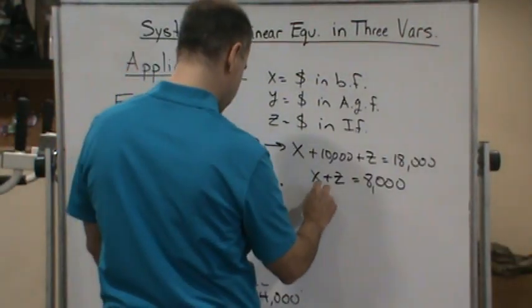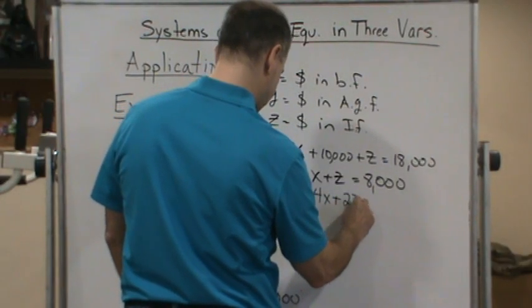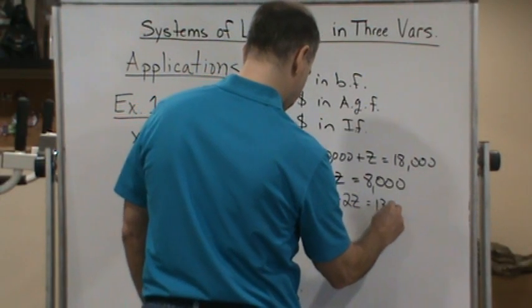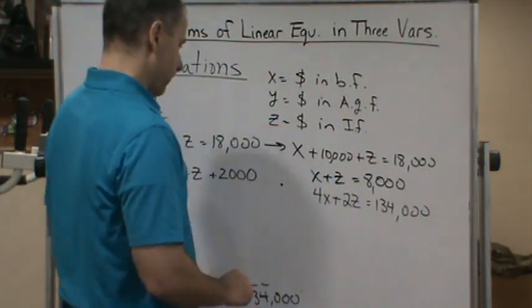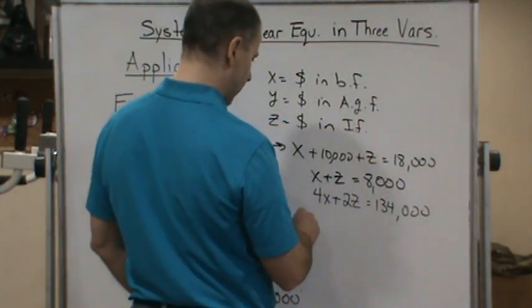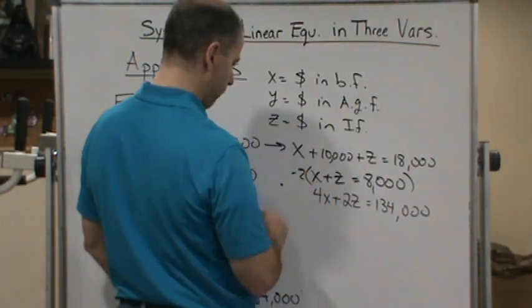And I got 4x plus 2z equals 134,000. So now let's multiply the top one by negative 2.